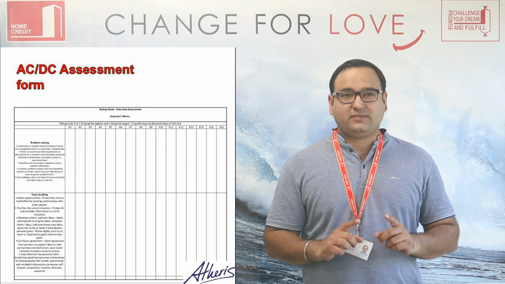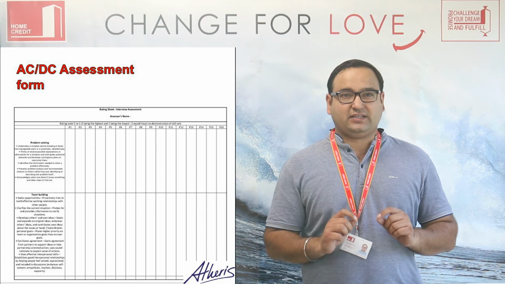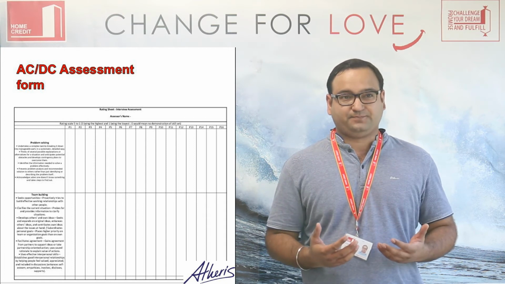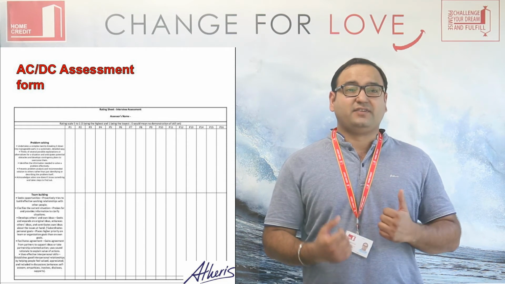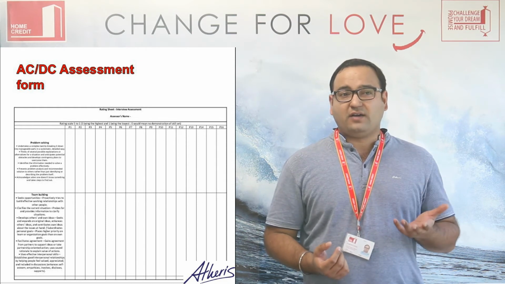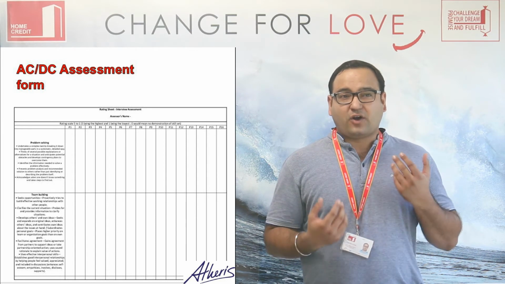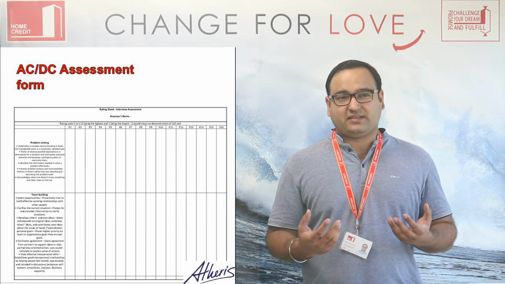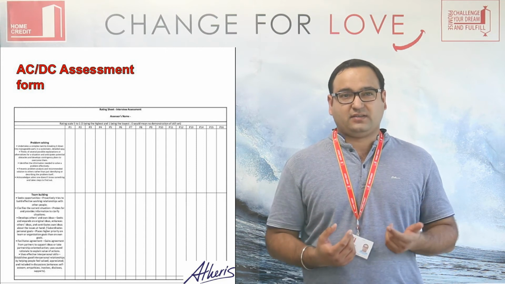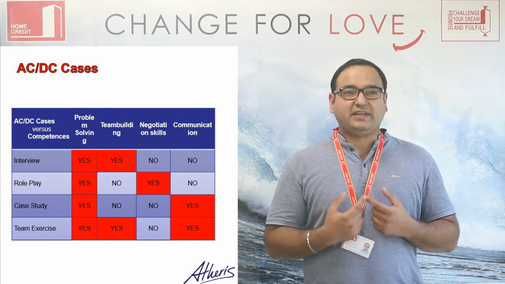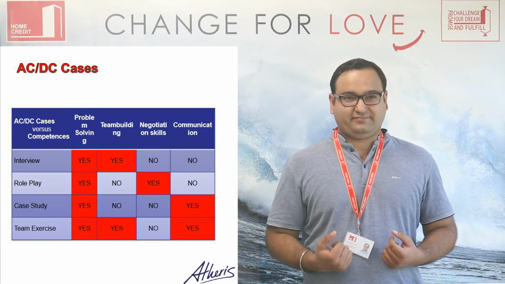It is a form which the assessor is supposed to fill in based on observations of participants' performance, basis the rating which we have explained previously. You have already gone through the competencies and standard behaviors or characteristics displayed by participants for those competencies. So this form, please have a look and please be prepared with this.